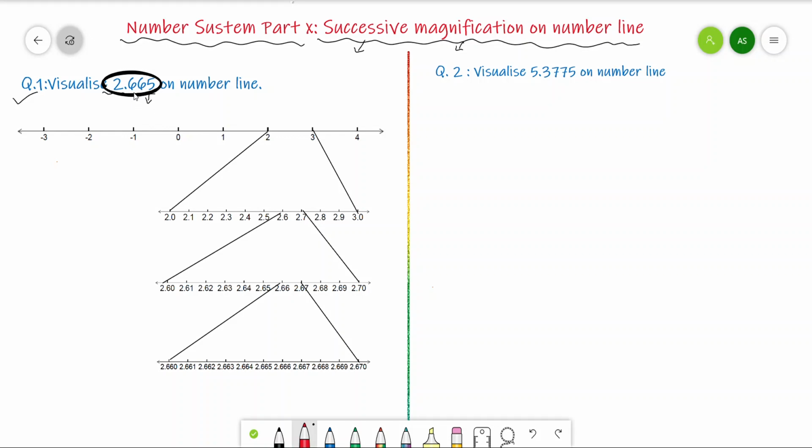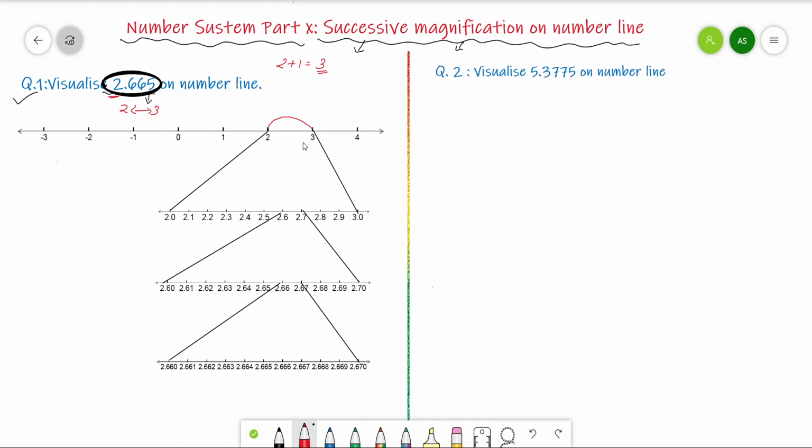First of all, the whole part of this number is 2. If you add 1 to it, you will get 3, which means this number lies between 2 and 3. So the number 2.665 will lie between 2 and 3. You can see the space between 2 and 3 is very small.